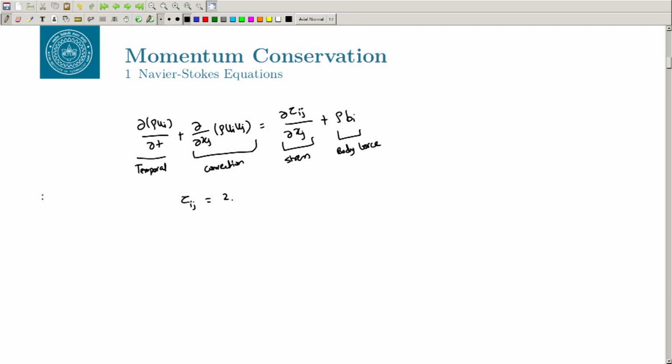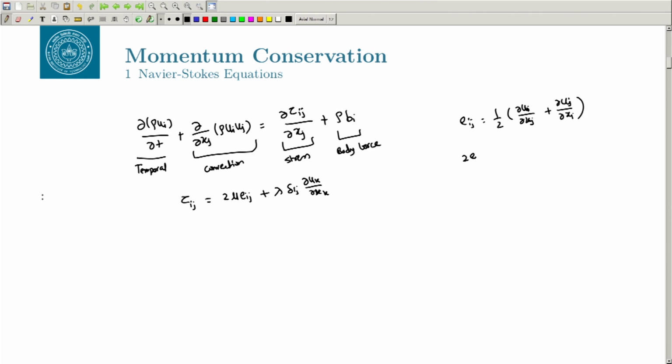What we found out is tau_ij equal to 2 mu E_ij plus lambda delta_ij del u_k by del x_k, where E_ij is the symmetric part of the strain rate tensor, which is nothing but half of del u_i by del x_j plus del u_j by del x_i.